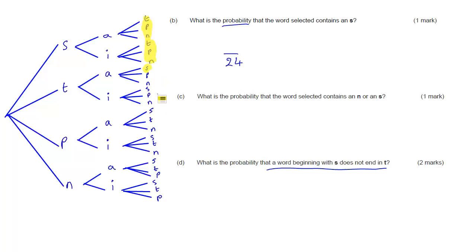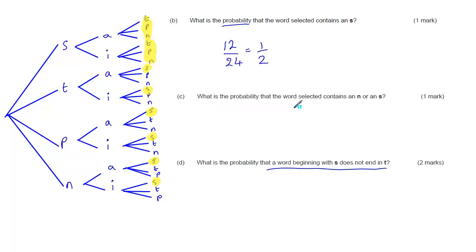And then after that I've got this one, this one, this one, this one, this one, and this one. So let's just count those. So it's 6, 7, 8, 9, 10, 11, 12. So that's 12 over 24, or a half.